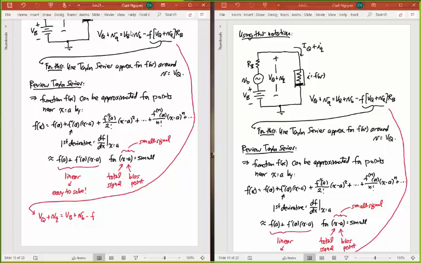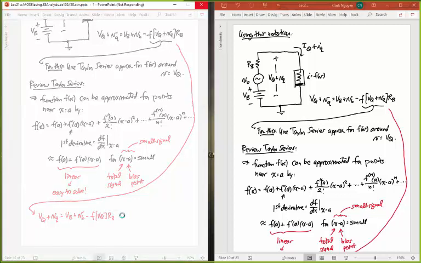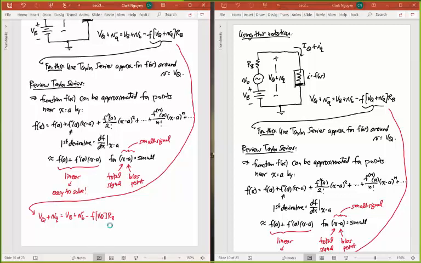This is now going to be the function of VQ, that times RB, minus f prime, the first derivative, evaluated at that operating point VQ, times little vq, times RB.